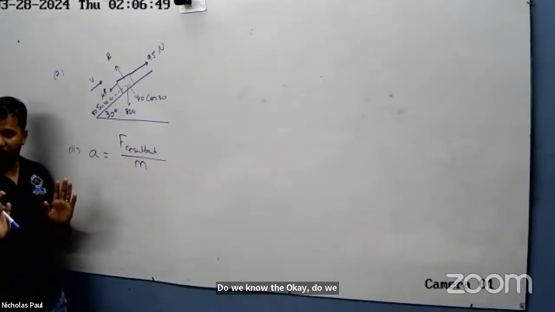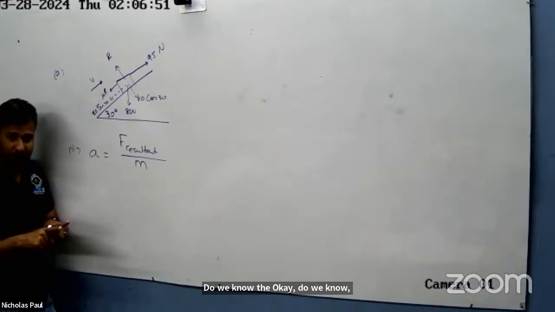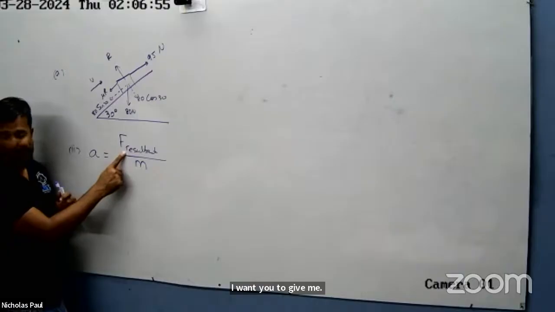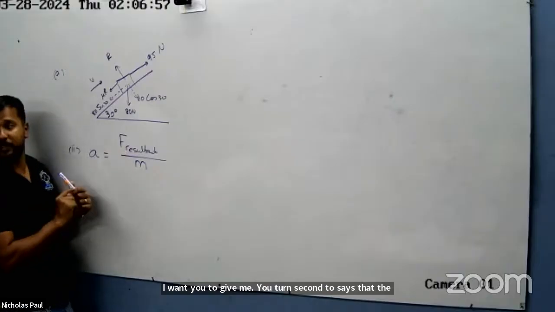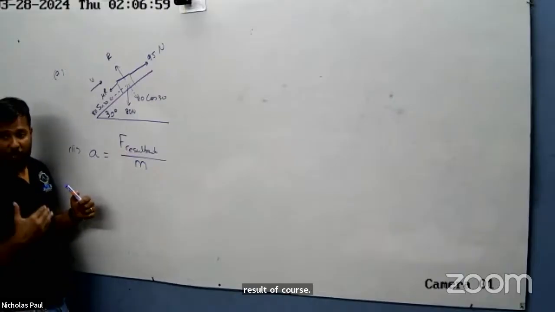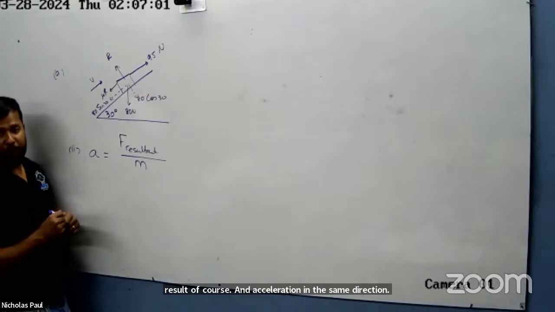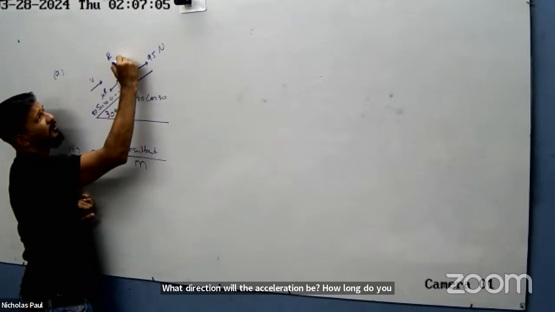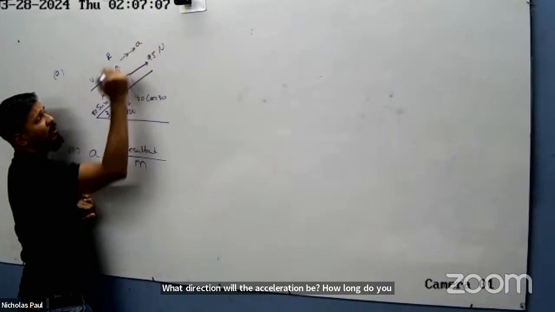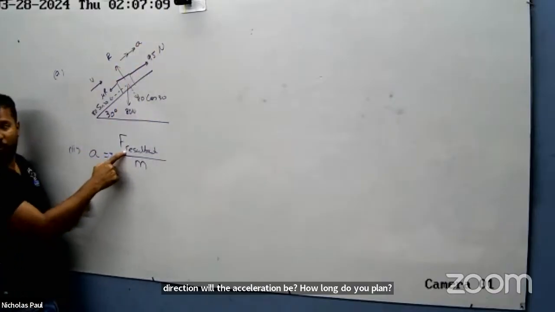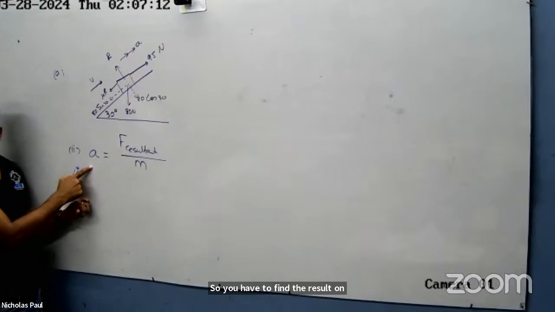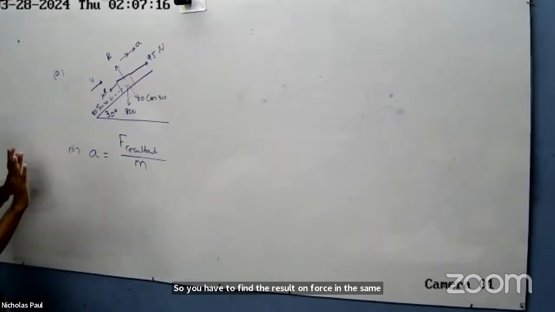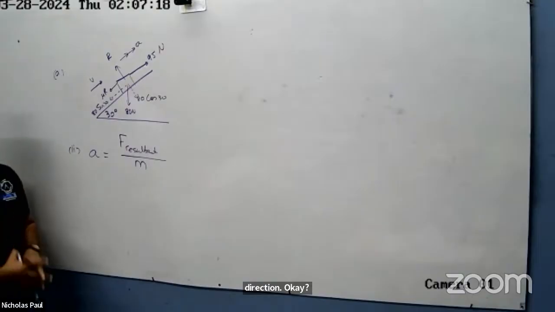Watch up here, Ollie. I want you to remember Newton's second law. Newton's second law says that the resultant force and the acceleration are in the same direction. What direction will the acceleration be in? Along the plane. So you have to find the resultant force in the same direction, along the plane. So you have all your forces there, find the resultant force.